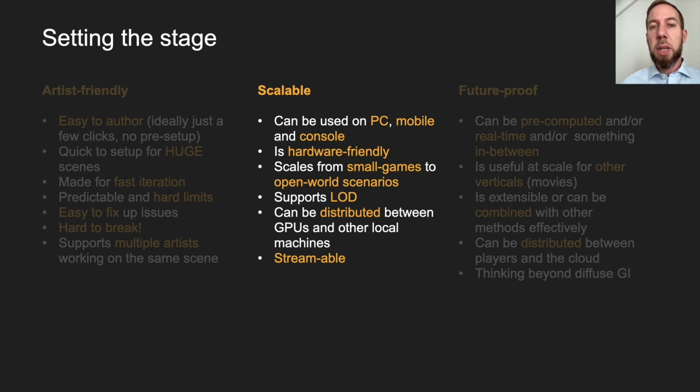The type of hardware and the algorithm that we're using can be a good fit or a bad one, and ideally we want to make use of as many hardware resources as we can. Another crucial aspect is that in many games we see customized GI solutions for a specific genre of game.